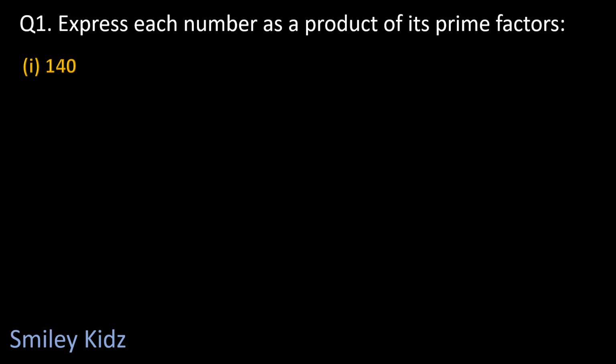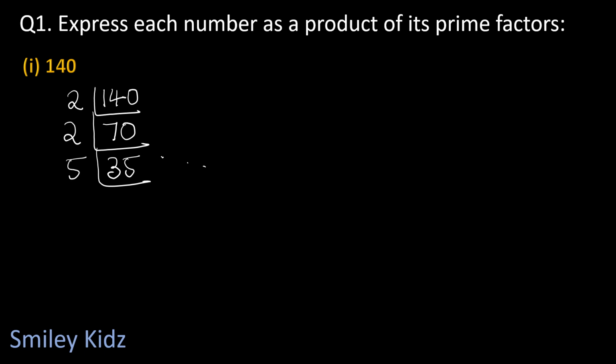Now, in order to express 140 as the product of prime factors, we are going to find out the prime factorization of 140. Now, 2 times 70, isn't it? Now, 2 times 35. Now, 5 times 7.